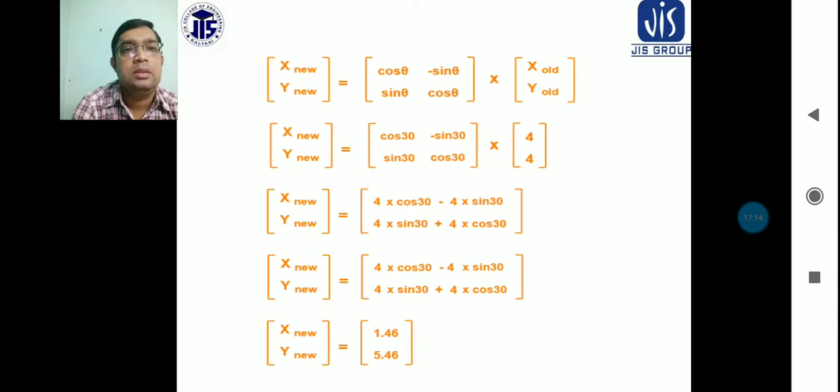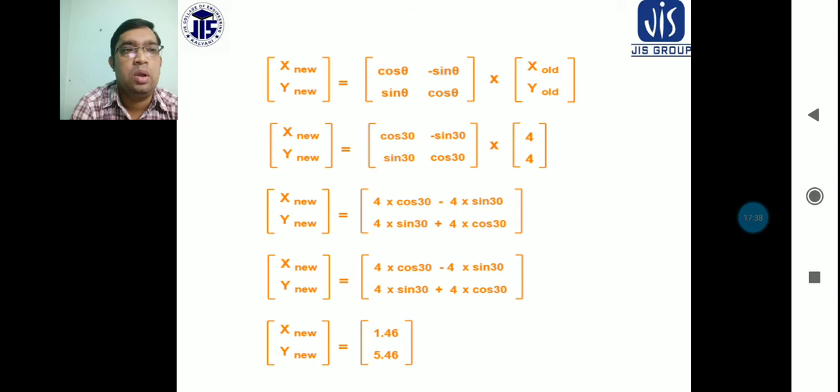Then according to the matrix law, x new y new equals 4 into cos 30 degree minus 4 into sin 30 degree, and 4 into sin 30 degree plus 4 into cos 30 degree.